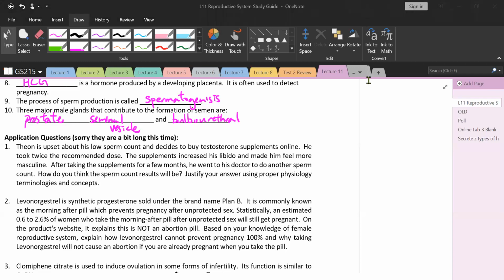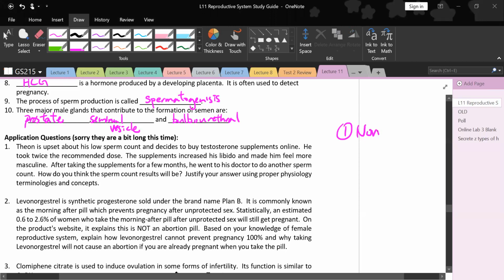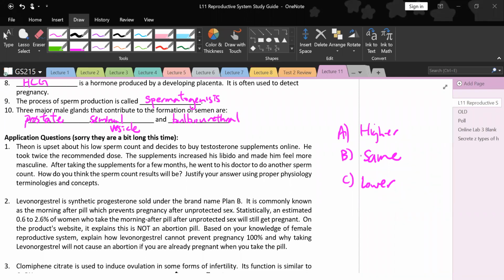If you think he's going to have normal, number 2, same as before, or even lower. Okay, we say higher than before. He takes the supplement, same as before, or lower. What do you guys think? What's going on with Theon?